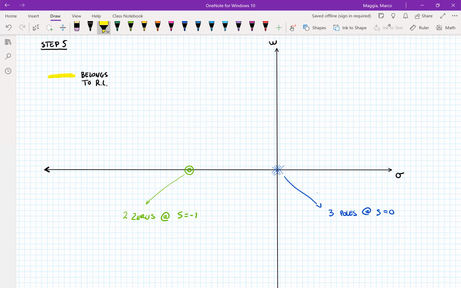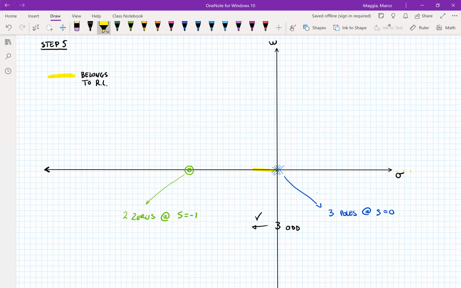So swiping from the far right, going towards the left, we encounter at the origin 3 open loop poles. So 3 is an odd number. So it means that to the left of it, everything that is on the real axis belongs to the root locus.